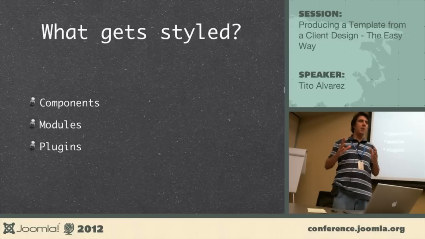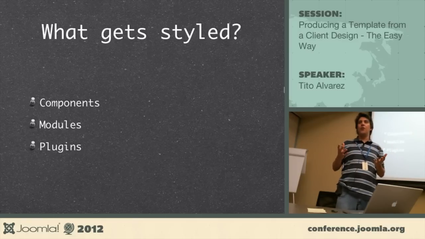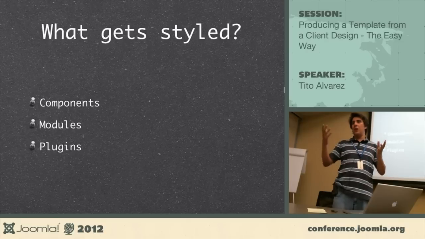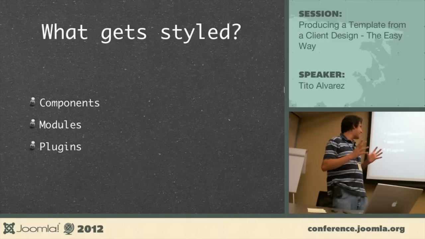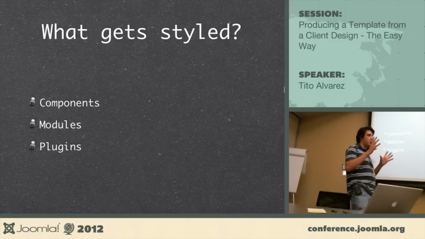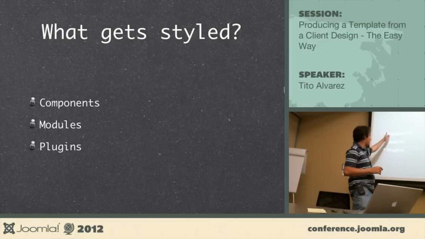If you're seeing some gallery, for example, you download a gallery, you install it, then you get the components of that gallery, and that's the main section of Joomla. That's what gets styled from the component.